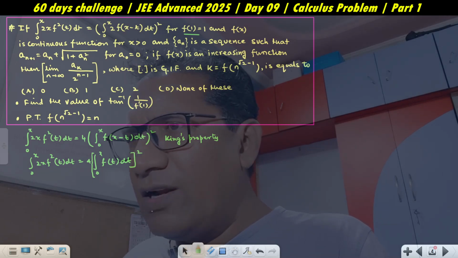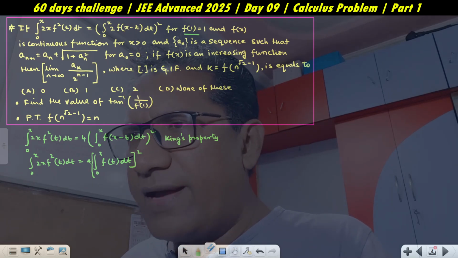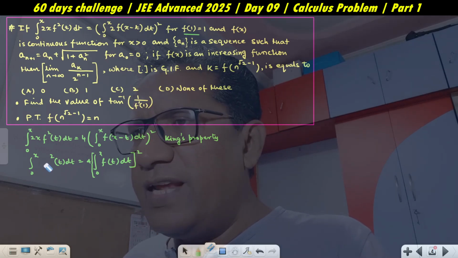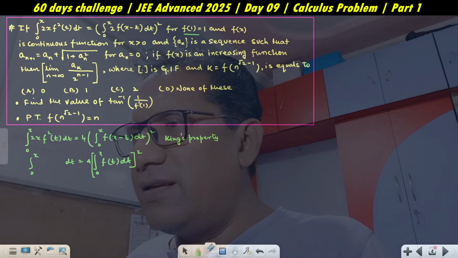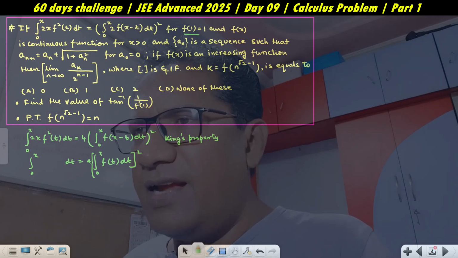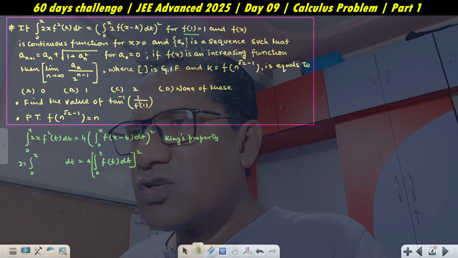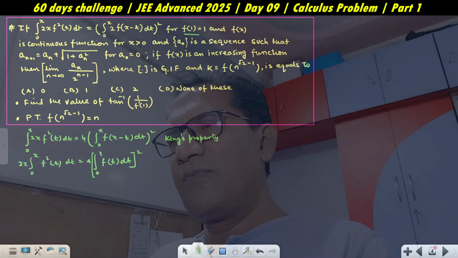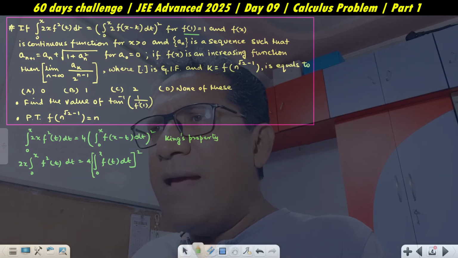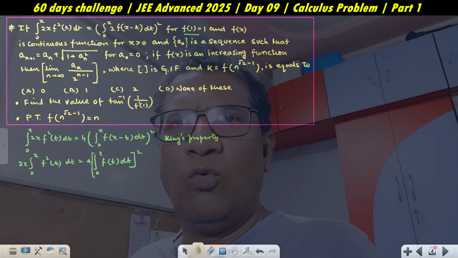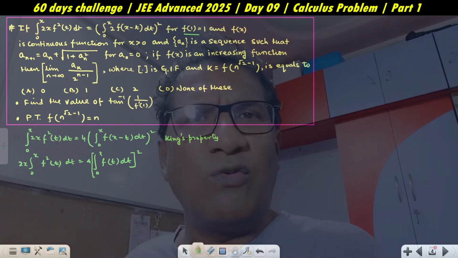Now, one thing I can also do, I can take this 2x outside because it is a function of t, so I don't need to write x inside the integration sign. So 2x is outside, it's basically f squared t. My prime motto is to find out what is my f of x. That you have to find out somehow.